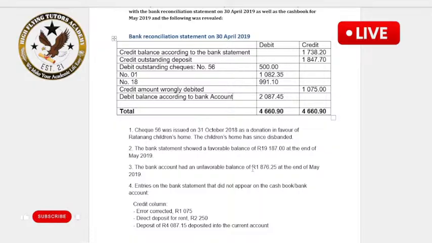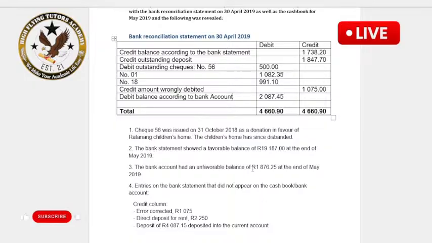So this check, which was paid to the children's home, now needs to be reversed.